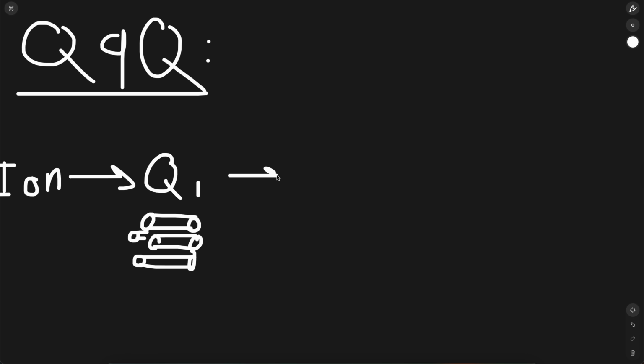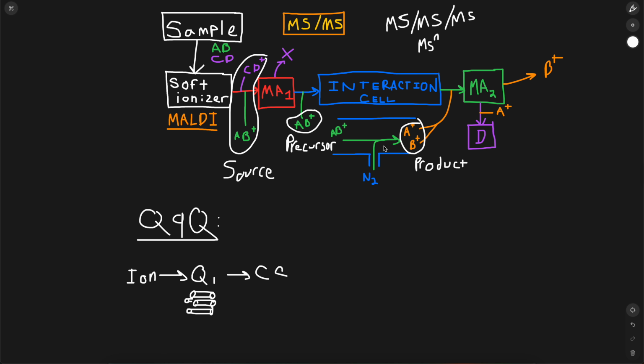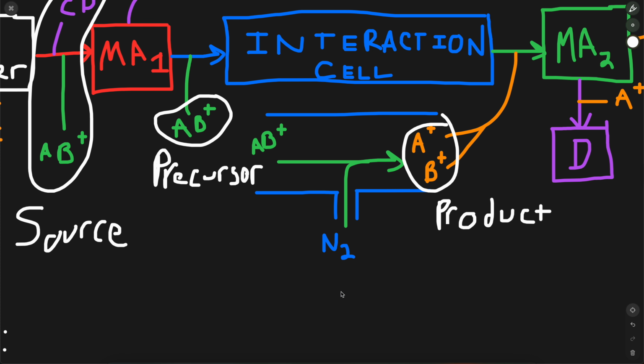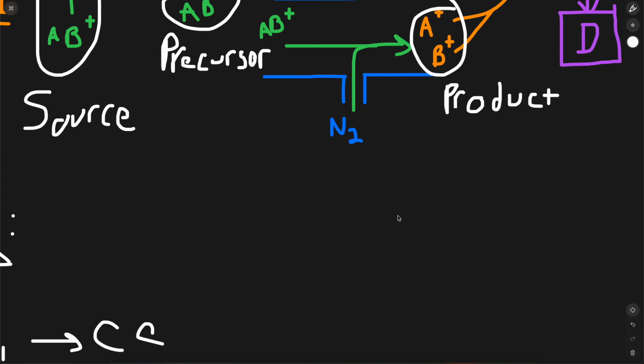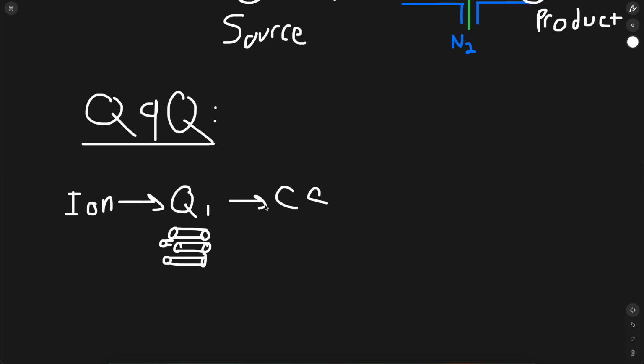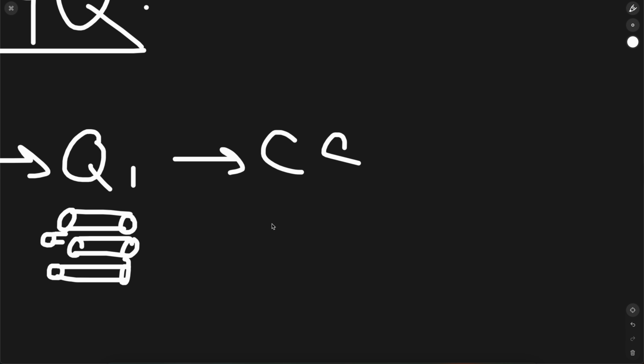And then you go to a collision cell, and that's what this was. The interaction cell, when you're colliding gas molecules with it, we call it a colliding cell. And notice this process we call collision-induced dissociation. It's in the name, collision, because they're colliding. Induced, it's inducing what comes next, which is dissociation. Okay, so that's where that terminology is coming from. But we call this a colliding cell.